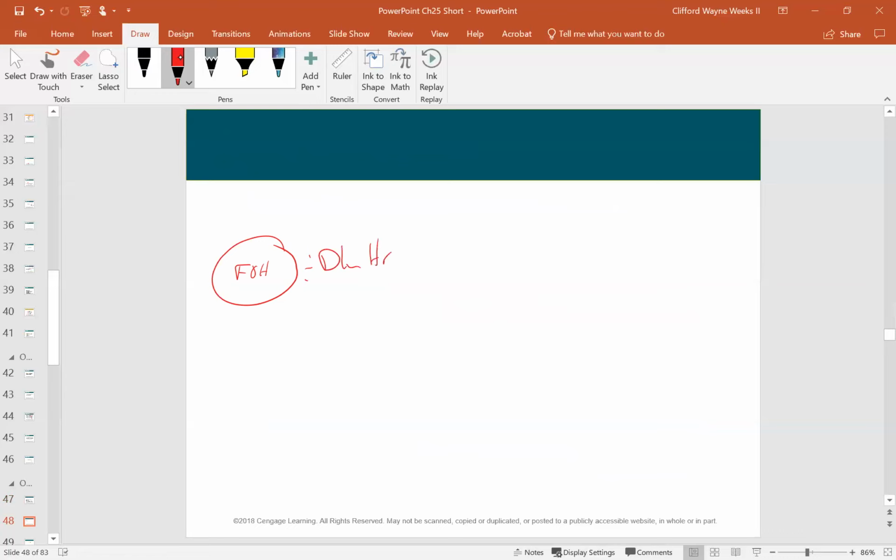These were estimated direct labor hours. If you remember, this was step number 1: estimated factory overhead divided by estimated cost driver, and this gave us our factory overhead rate. Then we multiply that times the actual direct labor hours, and that's how we got the applied factory overhead. This is step 2.